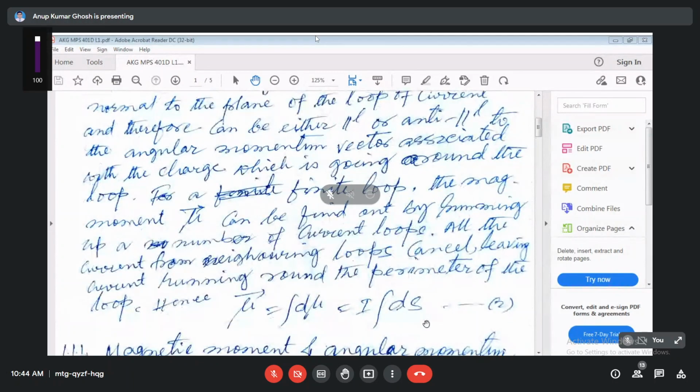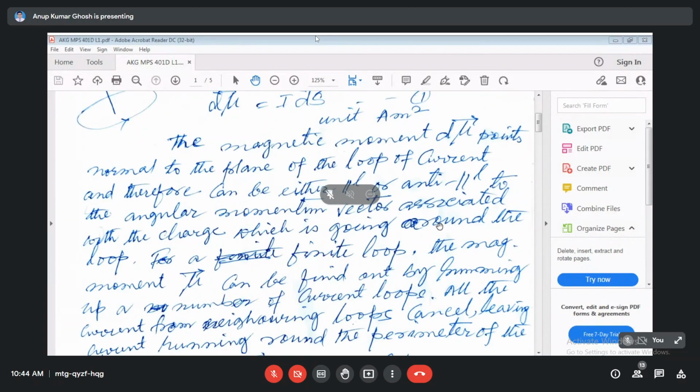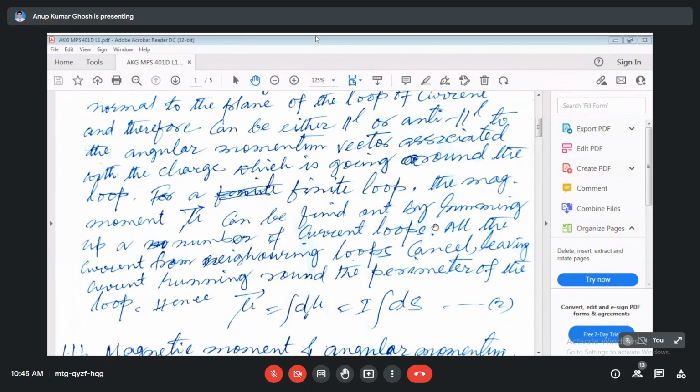Now, for a bigger loop, let's say we have considered an elementary closed loop which has the elementary area ds. Now you have a bigger loop which has the area S. If you imagine that the bigger loop can be divided, or within the loop you can sum up the bigger loop with an assembly, an arrangement of smaller loops.